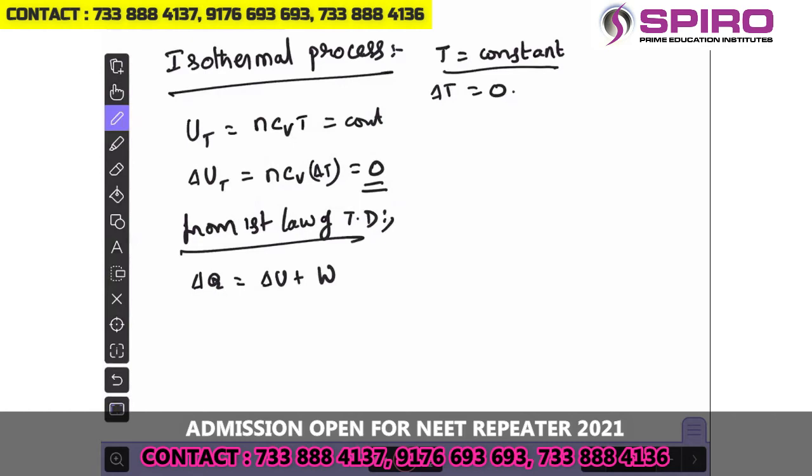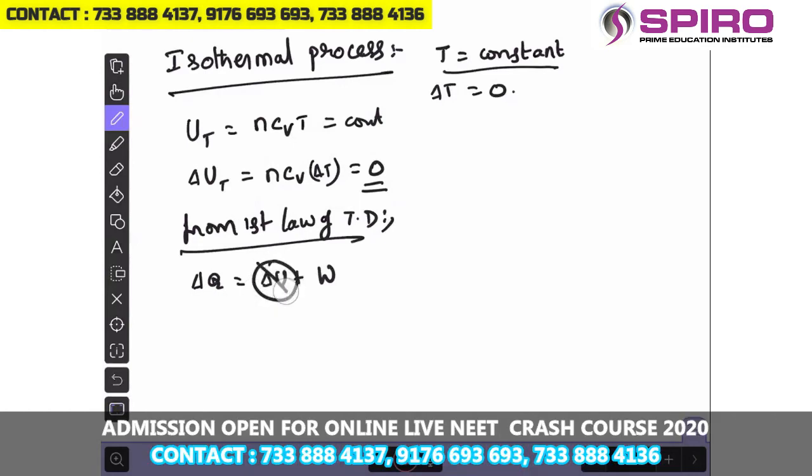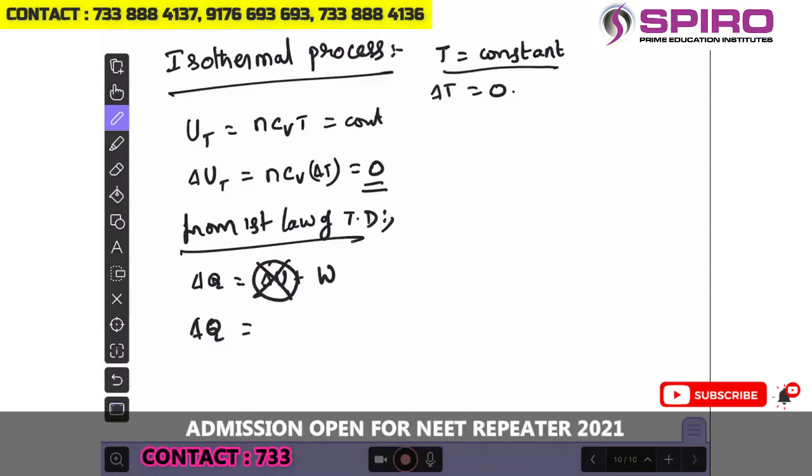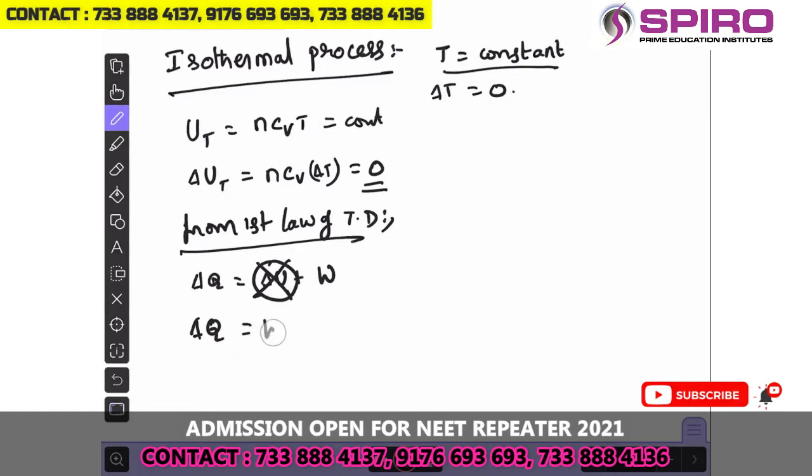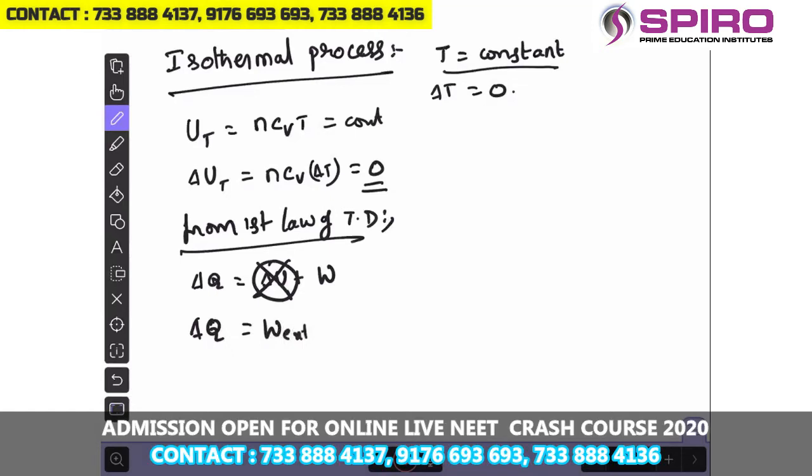Being delta U zero in the case of the isothermal process, the entire heat energy, 100% of the supplied heat from system to surrounding or surrounding to system, is doing only external work. That means maximum external work will be extracted in the case of isothermal process.